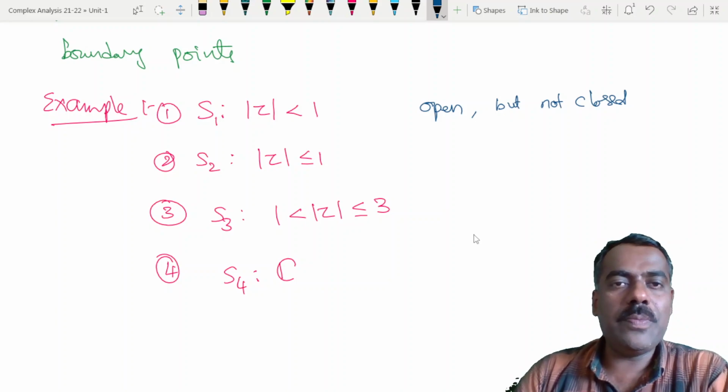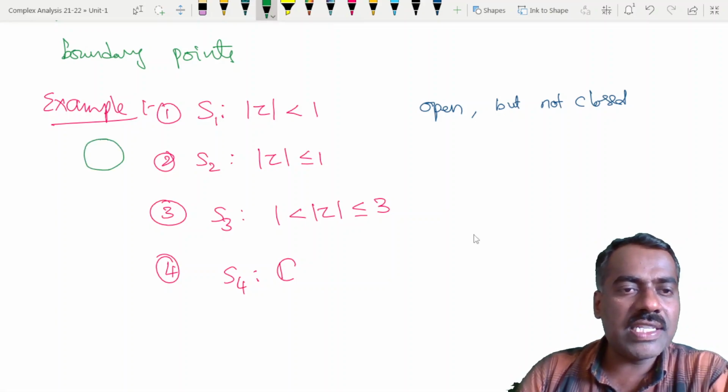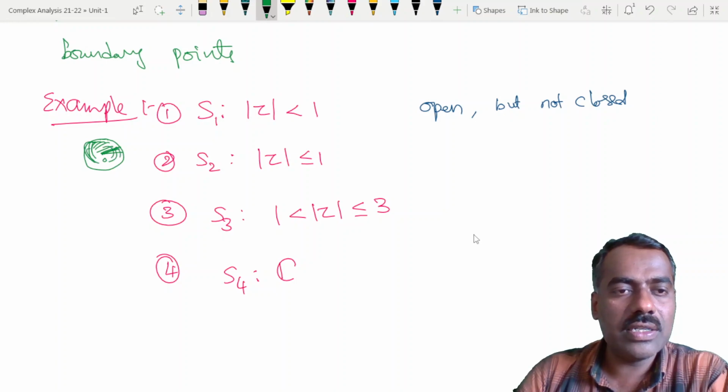Can you draw the picture of S2? This thick line is also there. Yes or no? That means this entire thing, the thick line is also there. This is your S2, right?